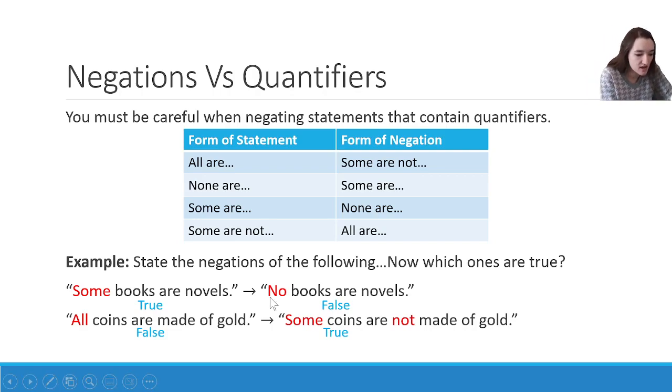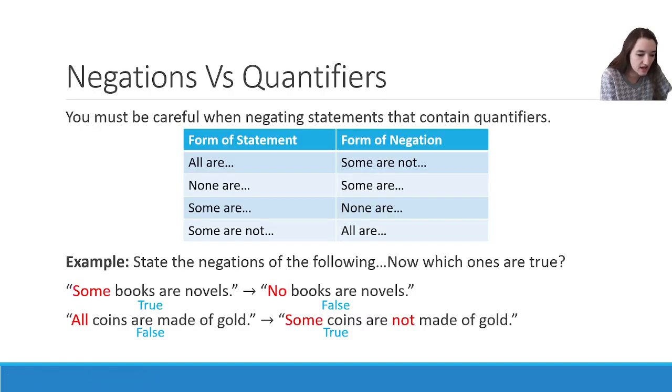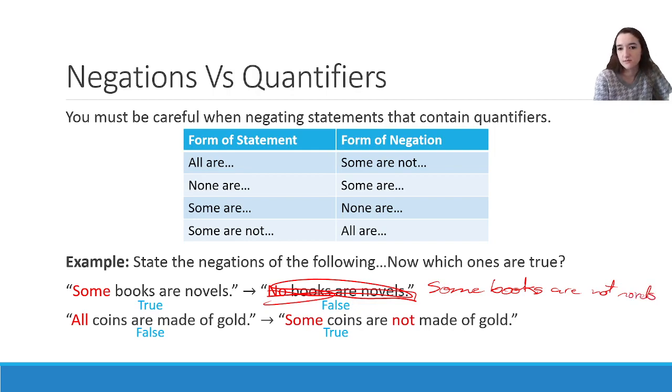Let's say instead I had written the opposite of some to be, let's see, if instead of saying this, I said some books are not novels. Like if I just added that not in there, and that was it.